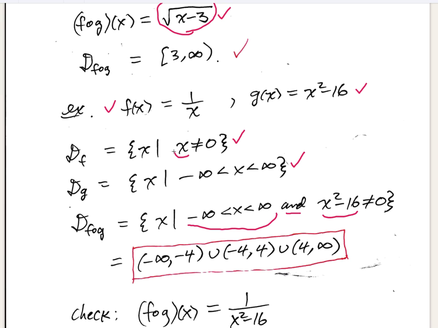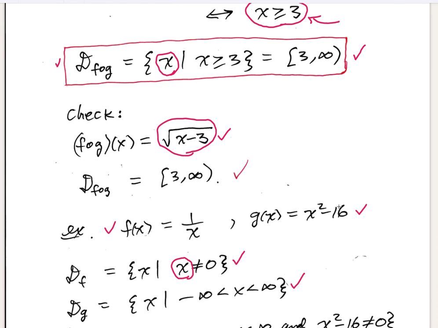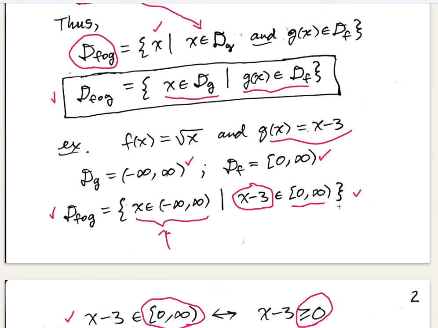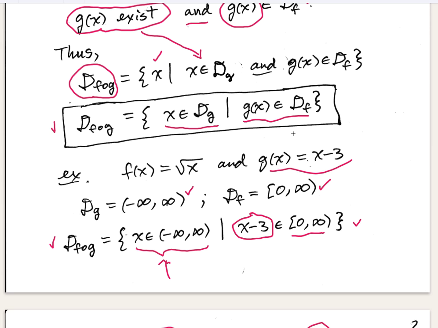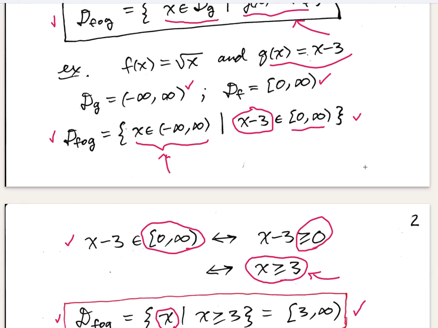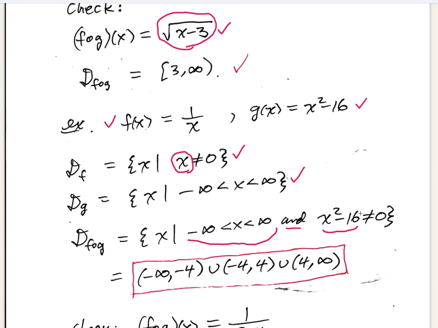So we're replacing our x by g of x there, you can see. So x squared minus 16 is not equal to 0. Remember, g of x has to be an element of the domain of f. That's equivalent to saying g of x, which is x squared minus 16, is non-zero.